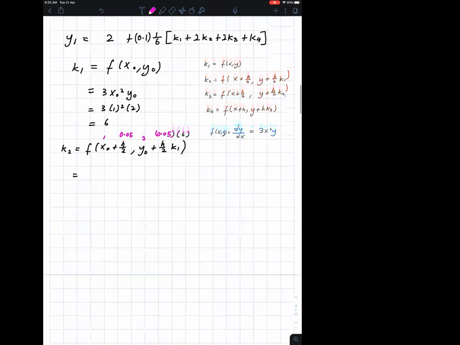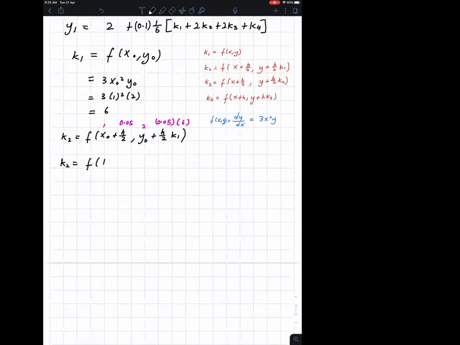Therefore, K2 is going to be f(1 plus 0.05, ...). 1 plus 0.05 is 1.05.